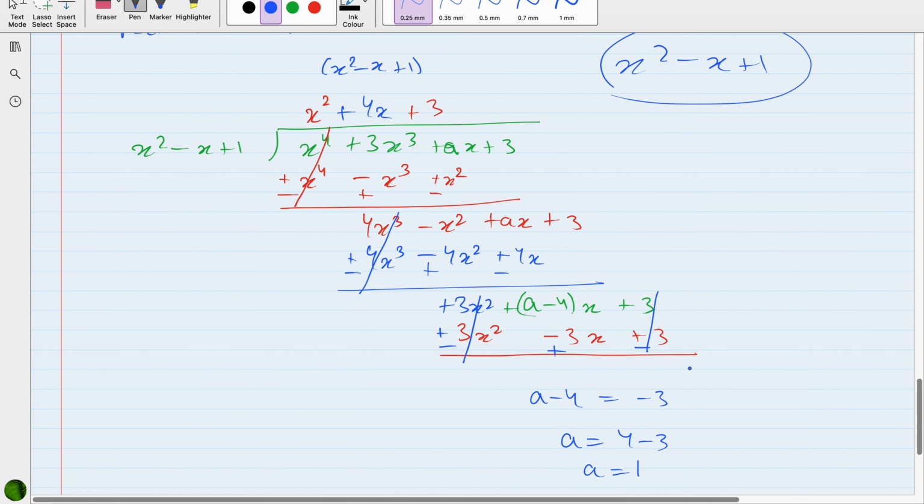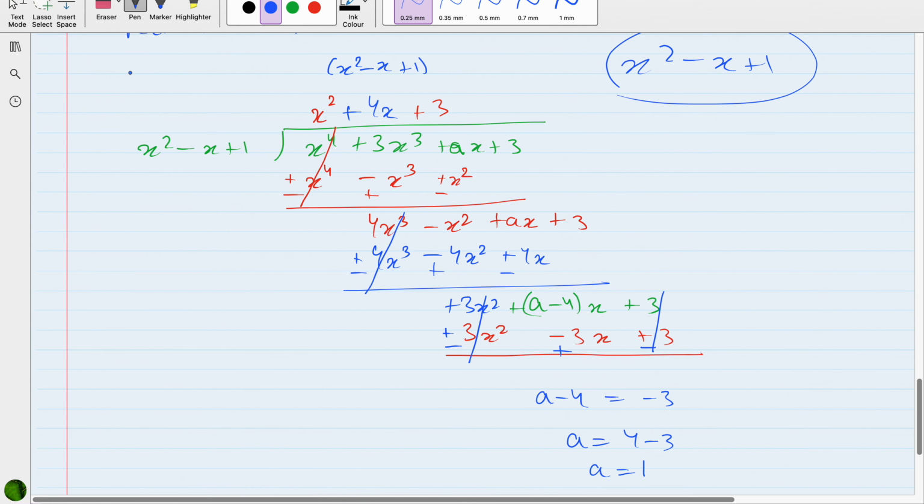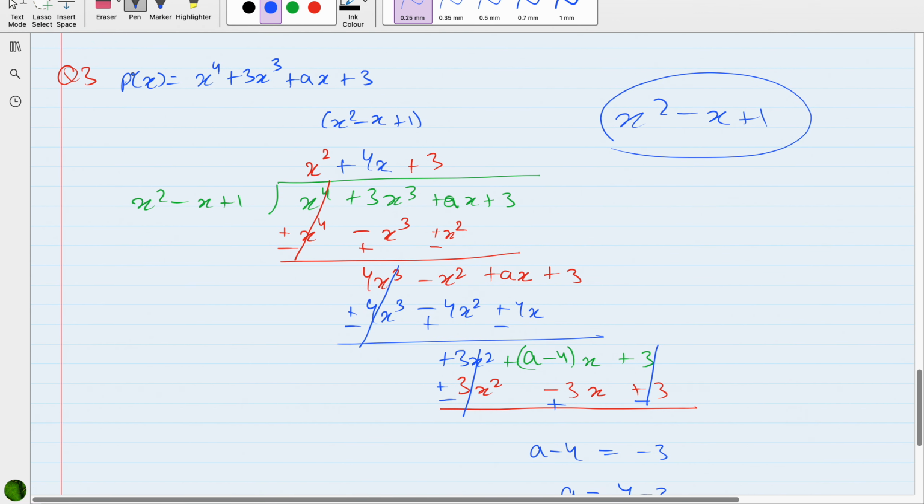So after having the value of a as 1, the polynomial is now, I'm rewriting this, x4 plus 3x cube plus x plus 3.